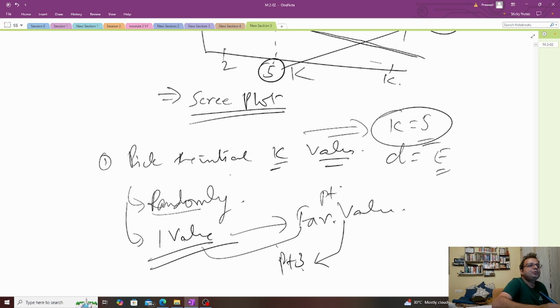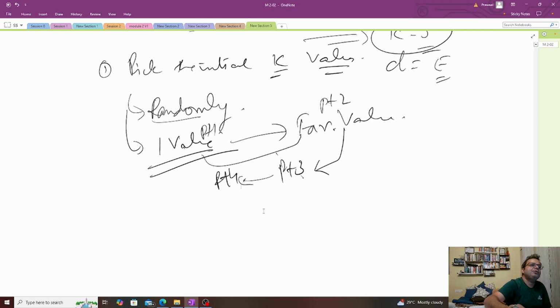So this is 0.2, this is 0.1, and then 0.4 should be equidistant from all of these. So you can use some strategies to pick the initial values so that all of those k values are not very, very close to each other. That's what we want to see.